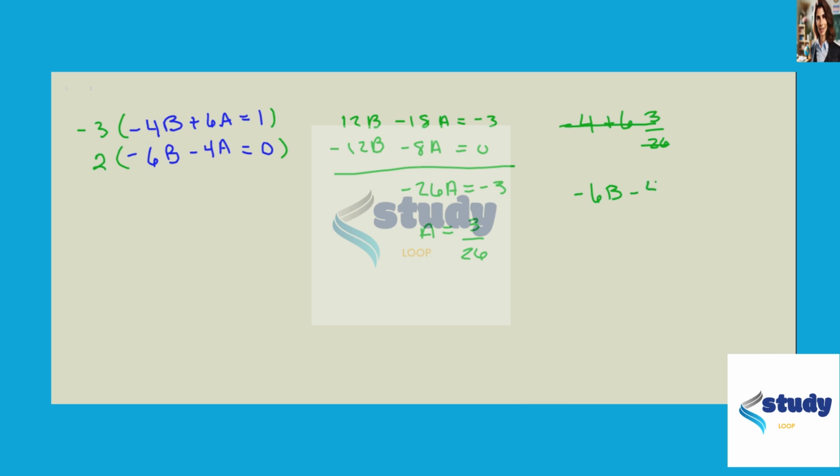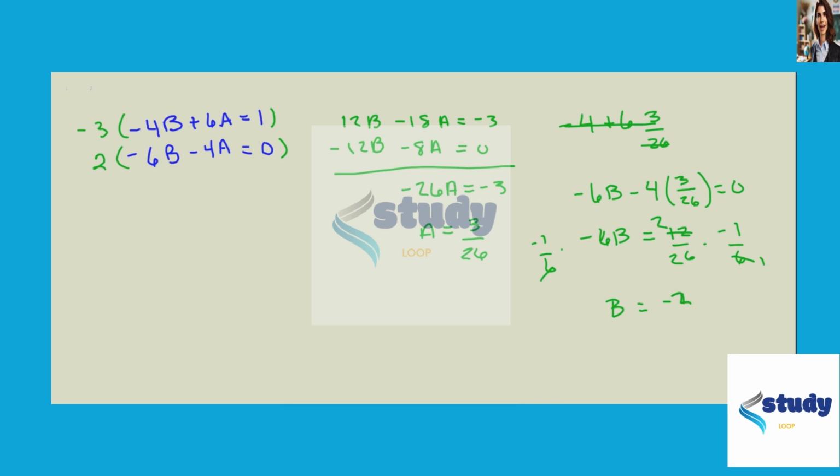So negative 6b equals 12 over 26. And then I'm going to multiply both sides by negative 1/6, and I get b equals negative 2 over 26, which is negative 1 over 13.